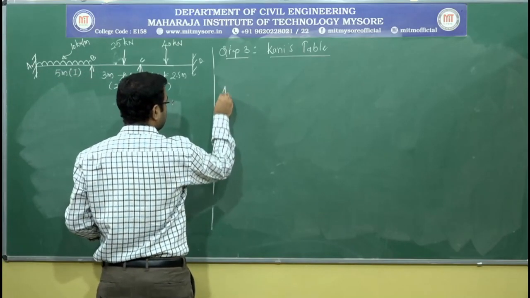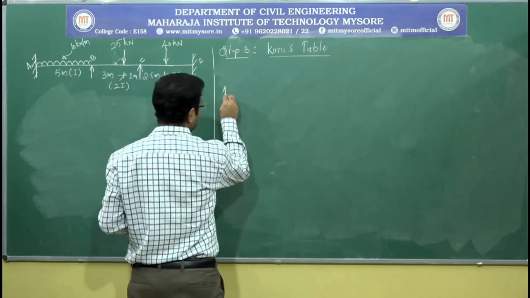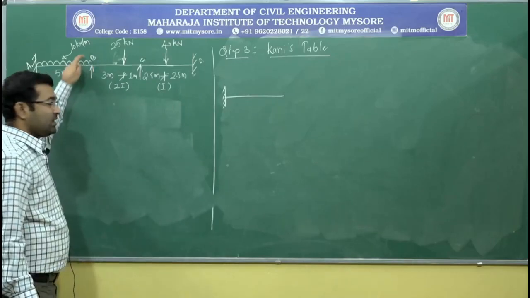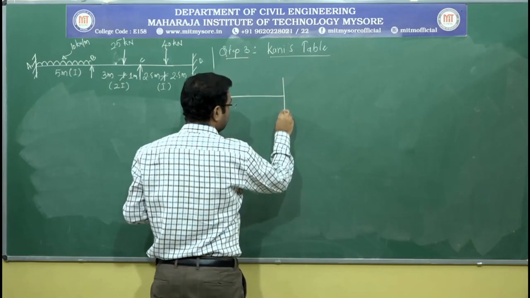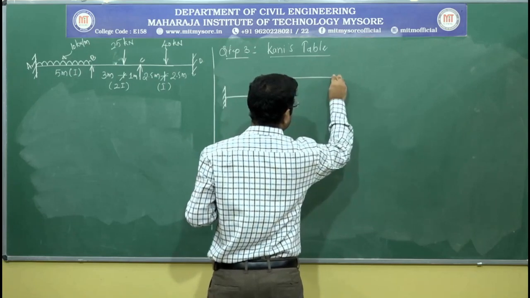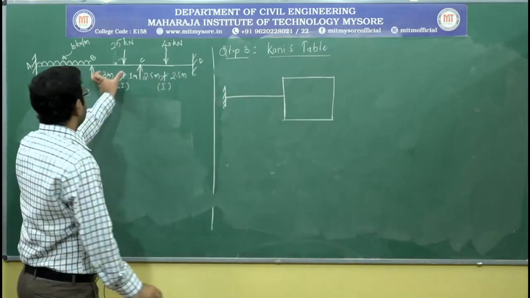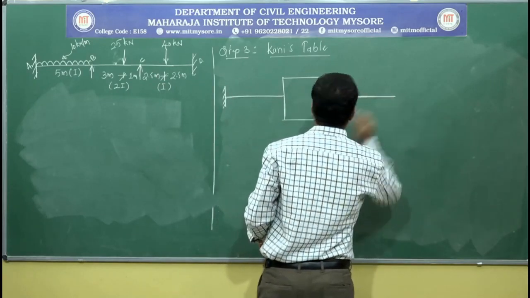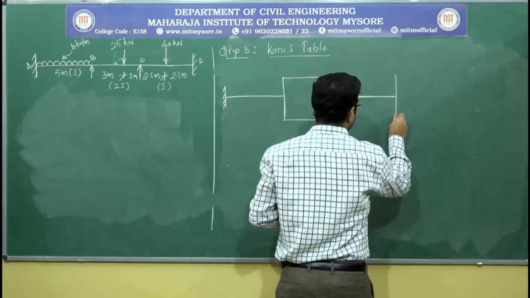I will show the support A as it is, then the span AB as it is, no change. Instead of an intermediate joint, I will represent the joint by a box. Next, I will represent the span BC as it is. Now I will show joint C by another box.